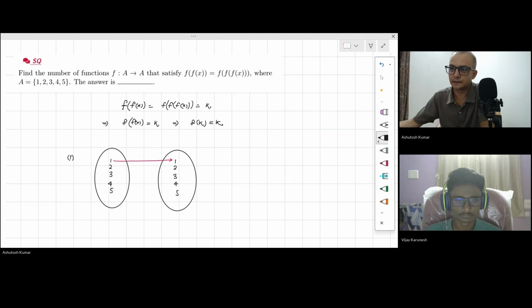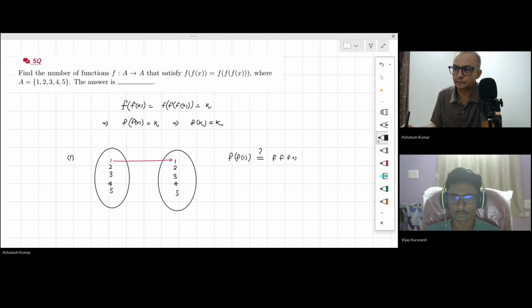Let's try to understand. In this case, on the left hand side I want to check f of f of 1. You have set f of 1 equal to 1, and again f of 1 will come, so this becomes 1 is equal to 1.